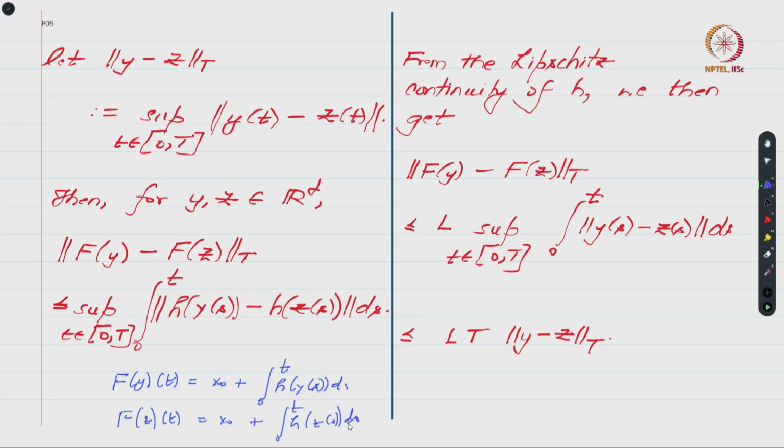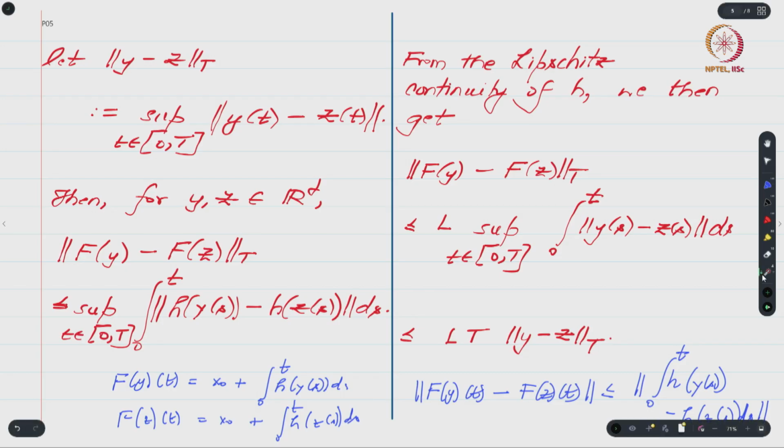If you take their difference, I hope you agree that you will end up with the norm of f of y at t minus f of z at t, which is less than or equal to the norm of the integral from 0 to t of h of y of s minus h of z of s ds, and then I would have this norm over here.